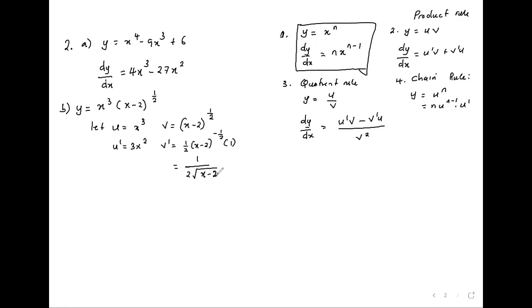Okay, so now dy/dx is going to be u prime v plus v prime u. That is, u prime is 3x squared and v is the root of x minus 2, plus u is x power 3 and v prime is 1 over 2 root of x minus 2.